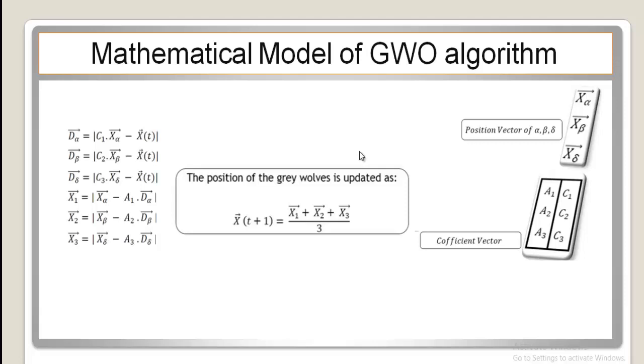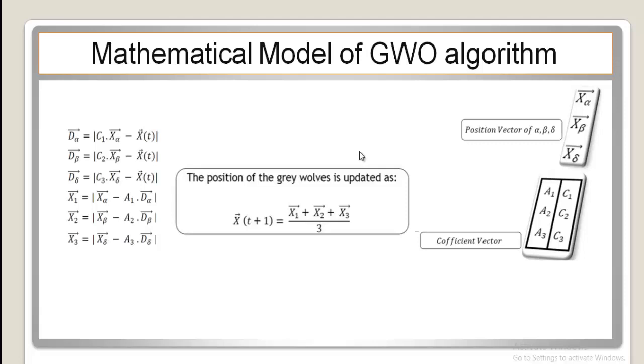These distances are calculated using the current positions X alpha, X beta, and X delta, and the position of the prey, modulated by the coefficient C. The new position X1 is found by adjusting the alpha's current position toward the best solution, influenced by A alpha and D alpha.